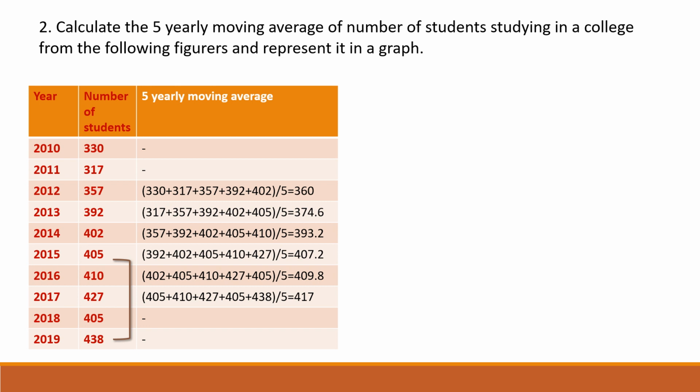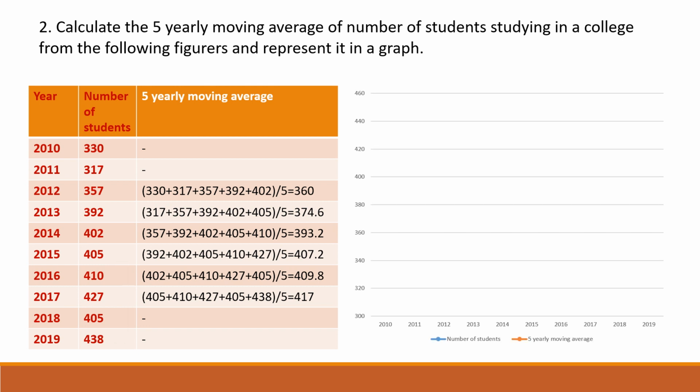These are the trend values for the moving average method. So we have to plot the data on the graph. So here the x-axis represents the year, 1 centimeter equals 1 year, and the y-axis represents the number of students. The scale is 1 centimeter equals 20 students. So 1 millimeter equals 2 students.